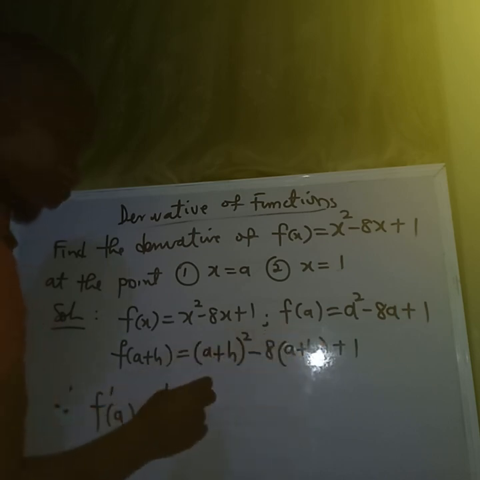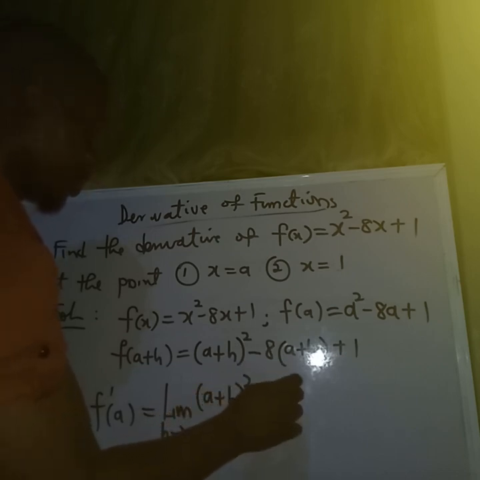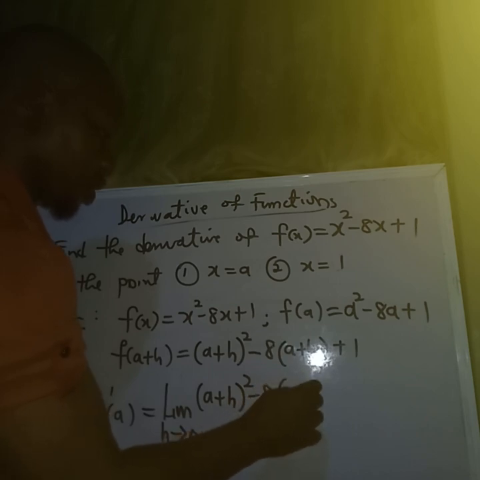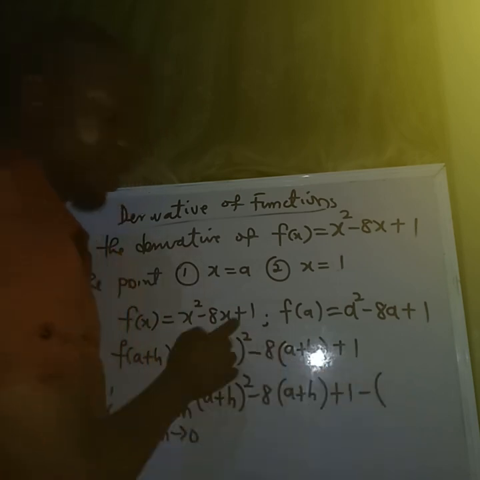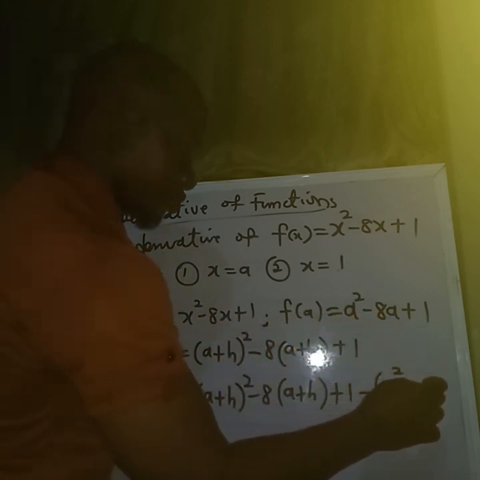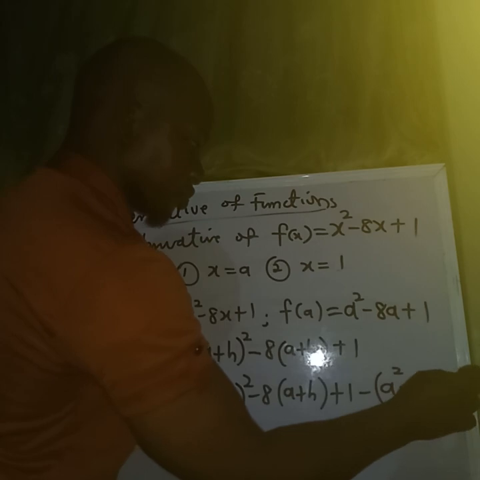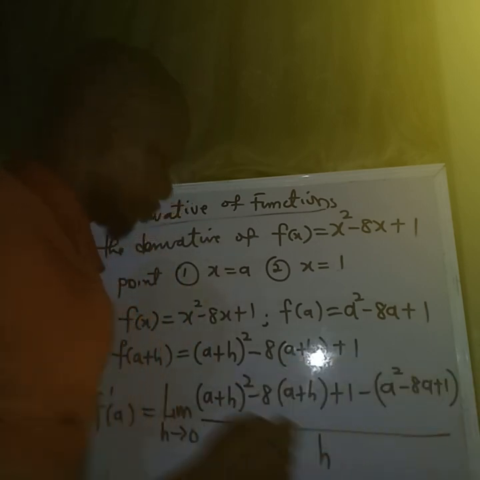If you substitute these two terms, we have a plus h squared minus 8 into a plus h plus 1 minus f of a, which is given as this, everything over h.